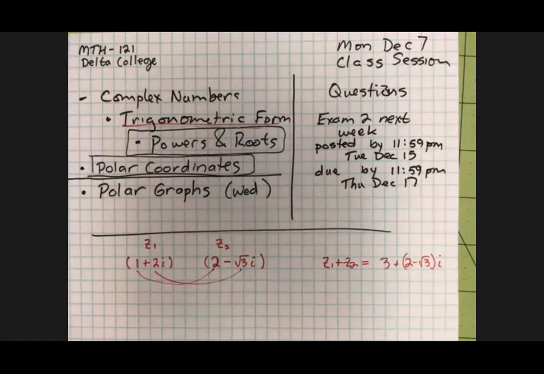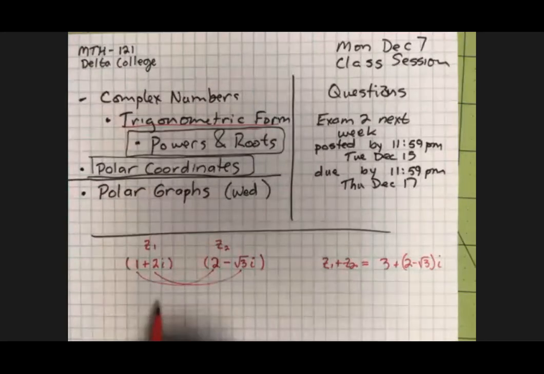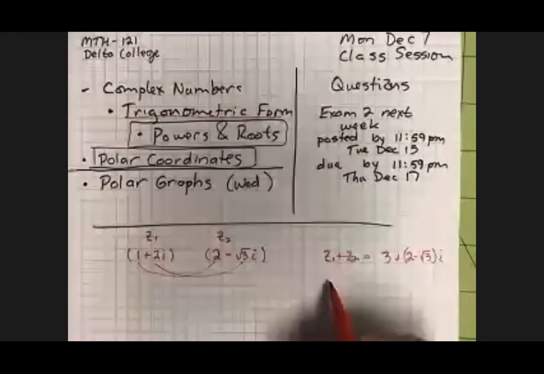I got some screen lag here, but we'll deal with it as best we can. I can subtract them just as easily. Sure, I can multiply them, but the multiplication, foiling things out, takes a little bit of work.